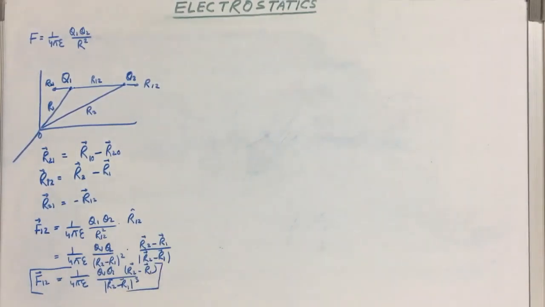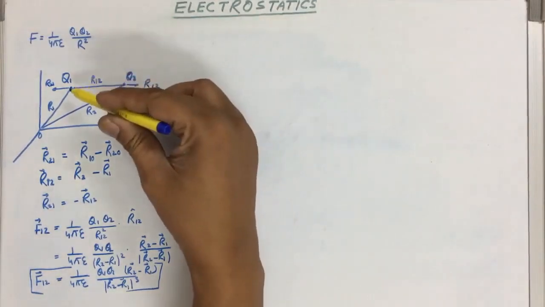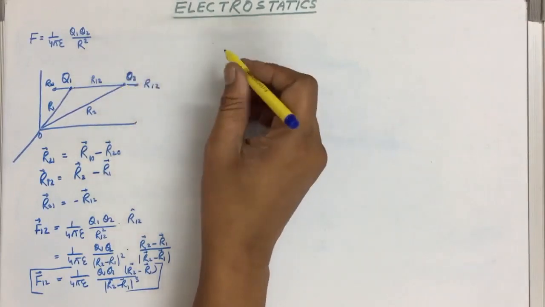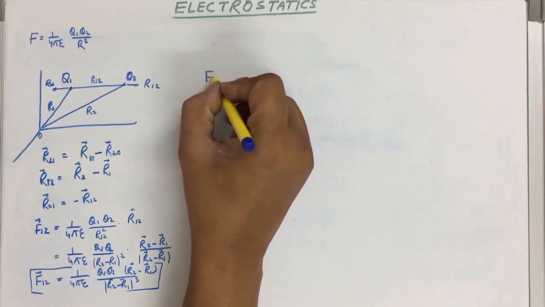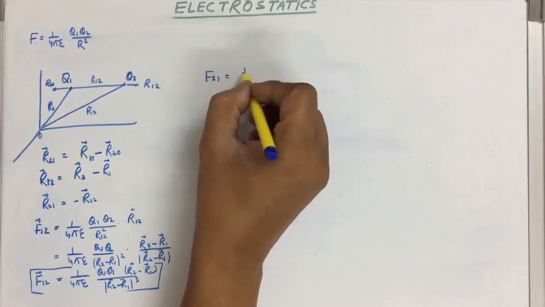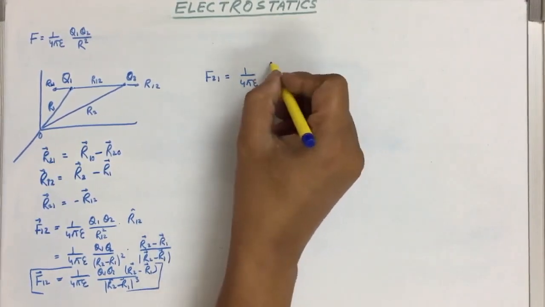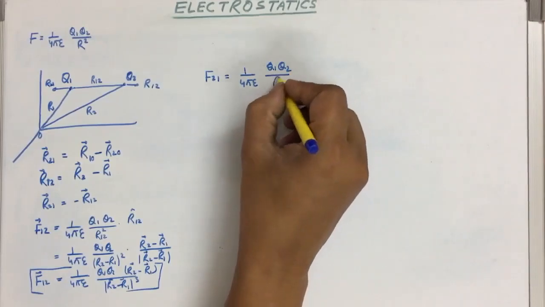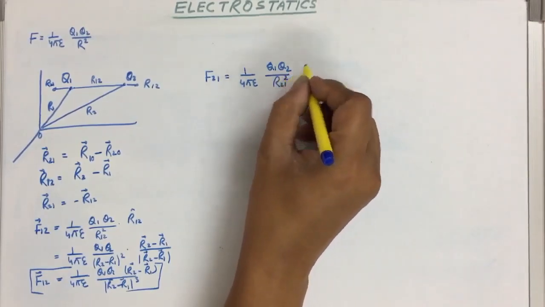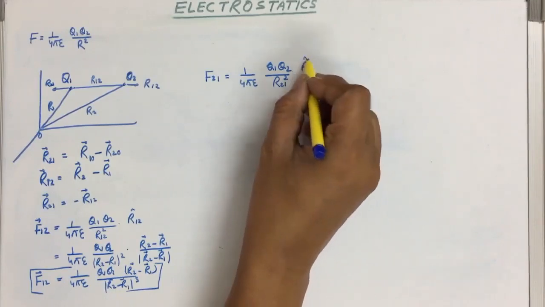Okay. Now similarly find the force at this due to this one. Then F21 will be equal to 1 by 4 pi epsilon q1 q2 divided by r21 square, and the direction is r21.